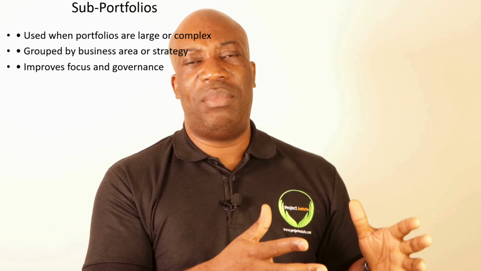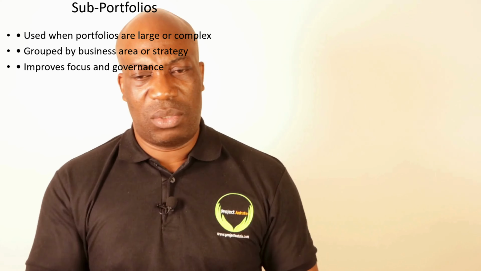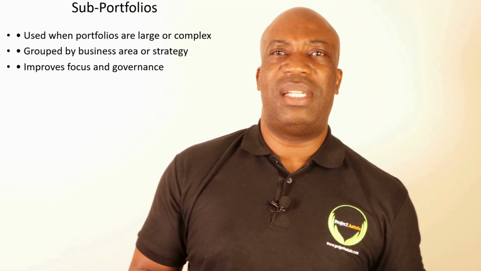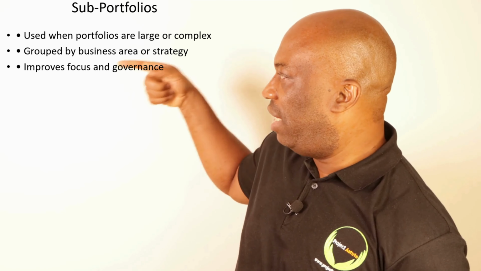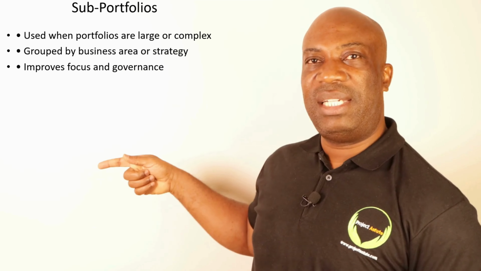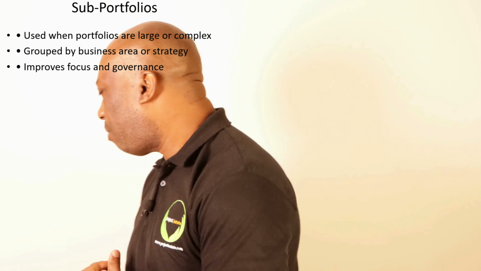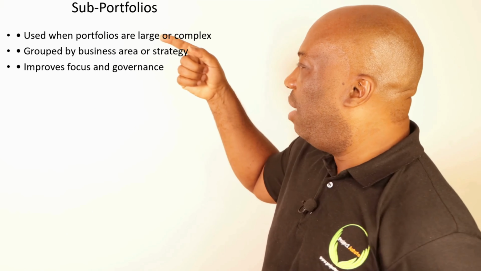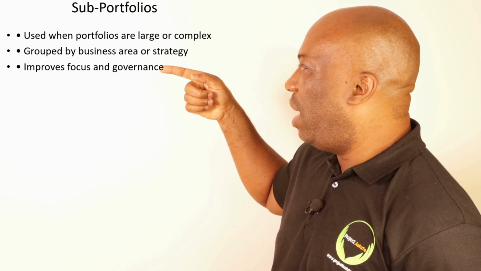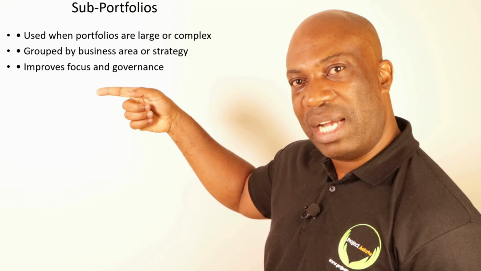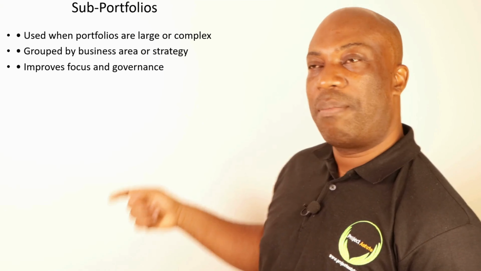So you also want to be able to run that particular project for that business area. So you might have finance, you might also have ICT as examples of a business area where sub-portfolios are actually allocated to them. And then when you have sub-portfolios, you are actually improving in terms of focus and also governance.